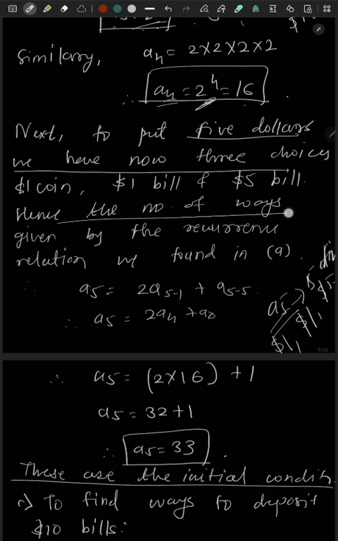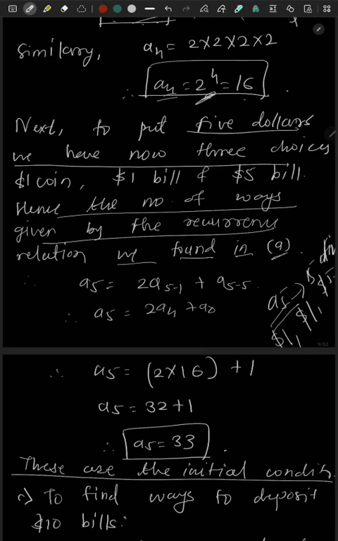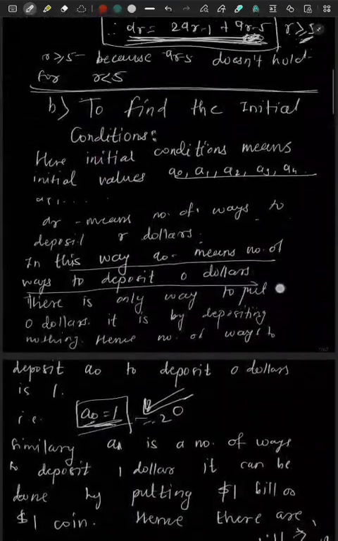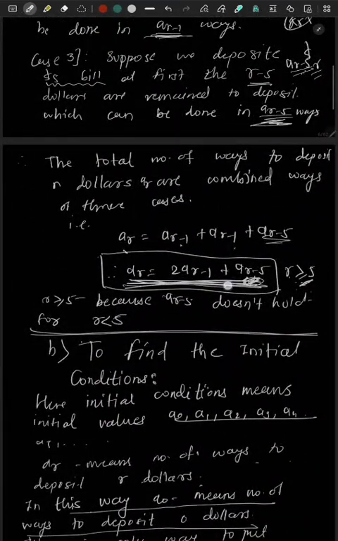Hence the number of ways is given by the recurrence relation we found already. This is our recurrence relation for R greater than or equal to 5. Hence when we reach A5, from there we are going to use this equation to find the terms.